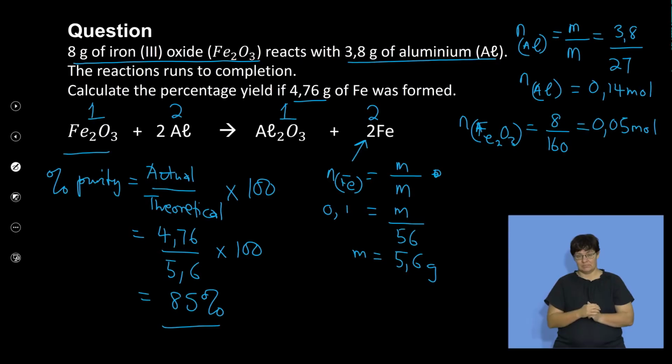So if we are to analyze the whole idea of this problem, we are saying that if the stoichiometric ratio is 1:2, it means a mole of iron(III) oxide produces double the number of moles, which enables us to get the mass of iron that we theoretically expect. So this is what is expected, right?